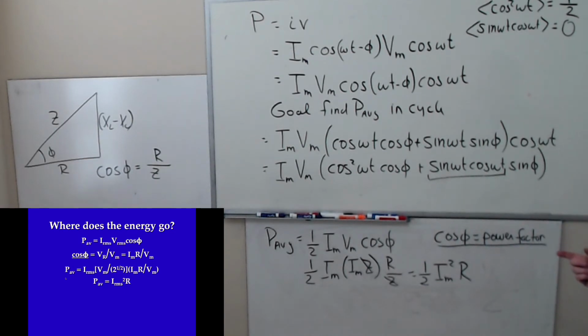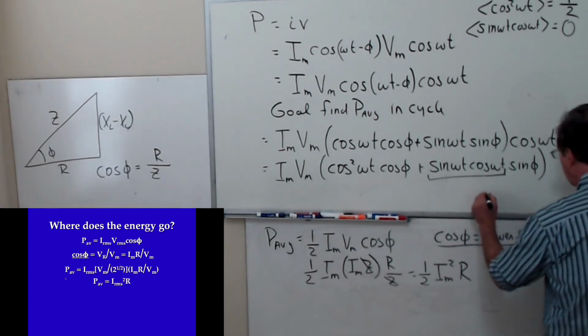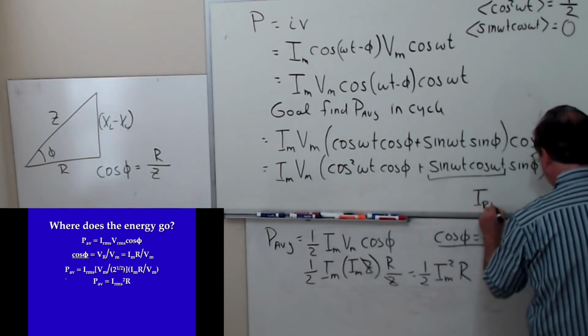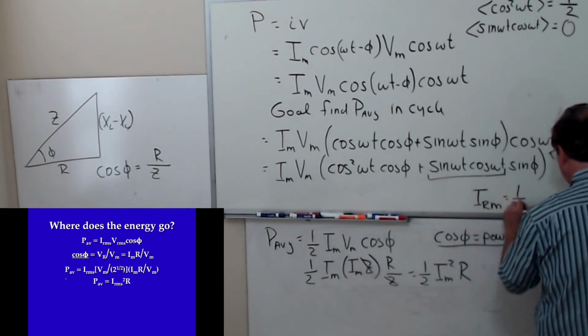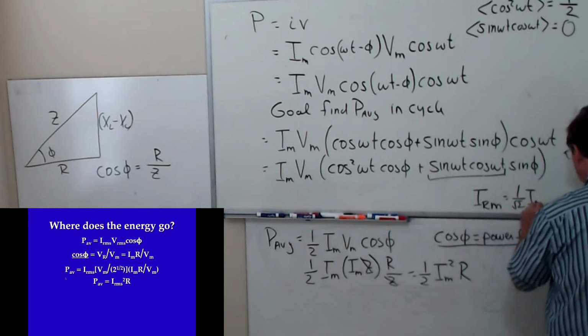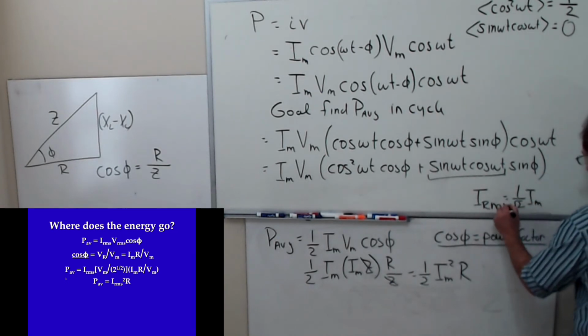If I want to, I can write this in terms of RMS current. Remember, I RMS is 1 over the square root of 2 times I sub m.